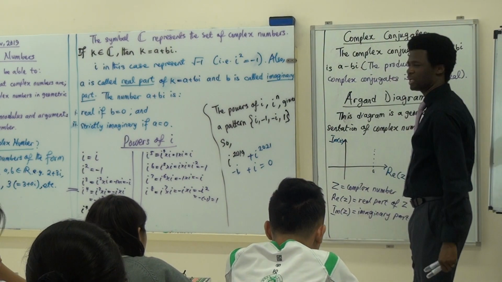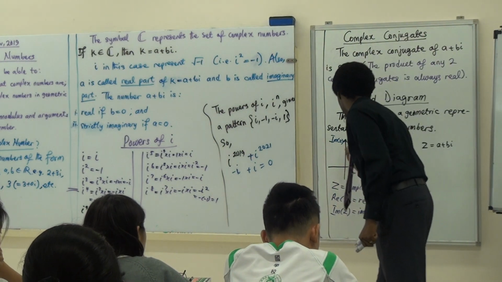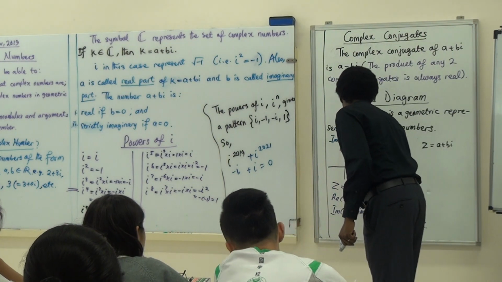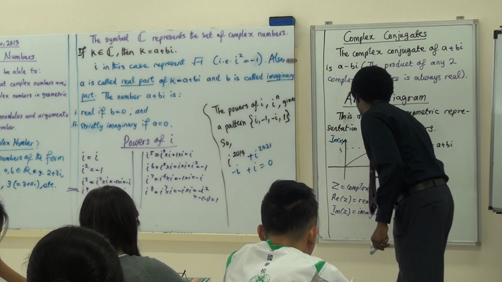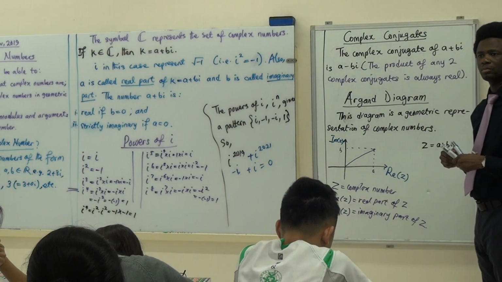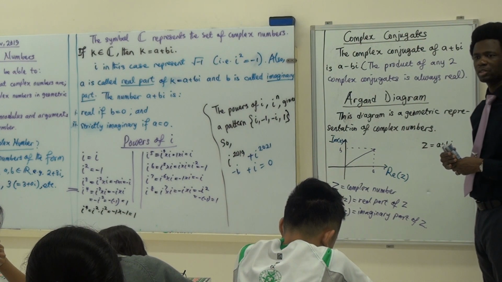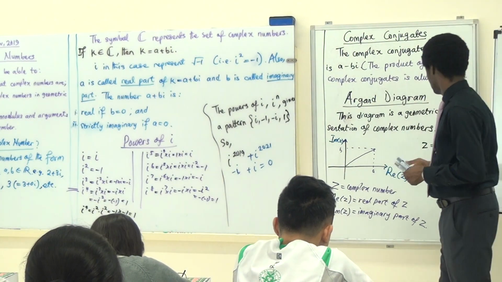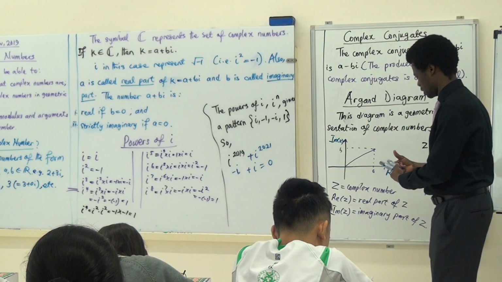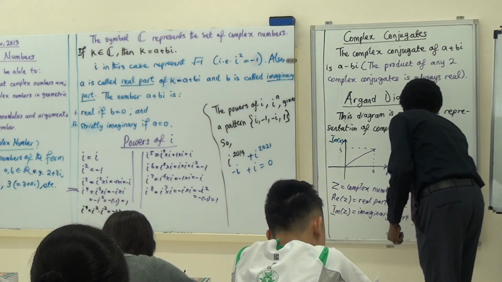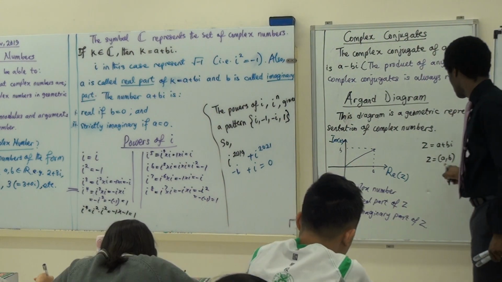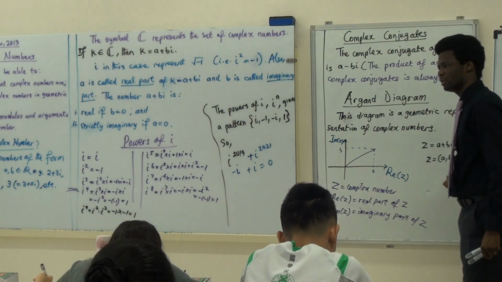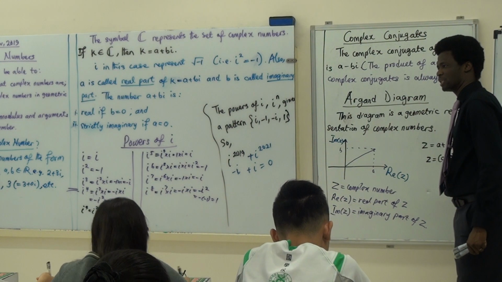On the imaginary part, when x is equal to b, then this represents our complex number. Does that make sense? In some textbooks, you will see they write it like this, a plus b. It's the same. This is the x and y, the real part and the imaginary part.